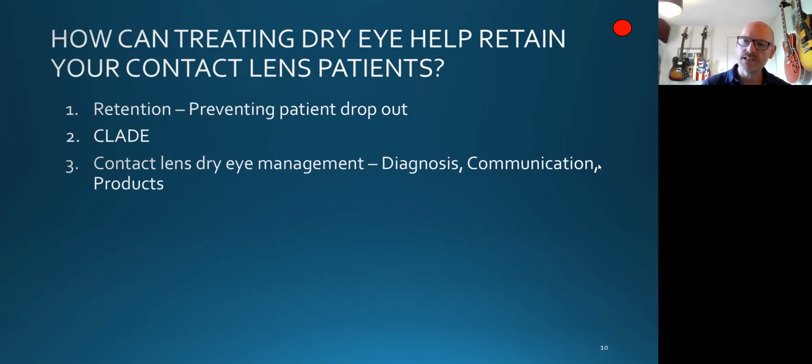Other than essential and emergency care, this is going to be one of your core revenue streams coming into the practice. And when we think about point 3, the management of contact lens related dry eye, this is going to be done on a virtual or remote basis now, which completely changes the emphasis of how we practice.